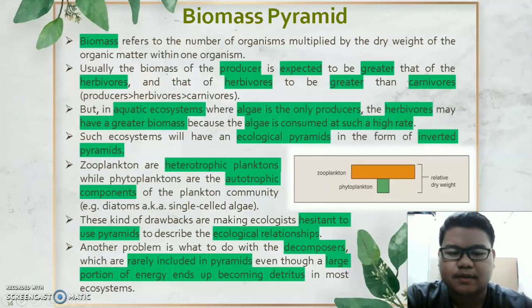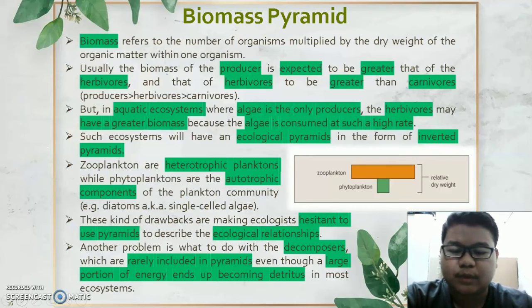That's why it's inverted, because the biomass of phytoplankton is smaller than that of the zooplankton. So these kinds of drawbacks are making ecologists hesitant to use pyramids to describe ecological relationships, because the inverted pyramid is different from the normal pyramid, which I'll show you in a bit.